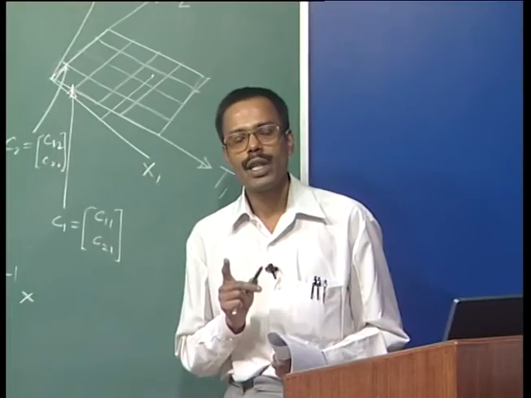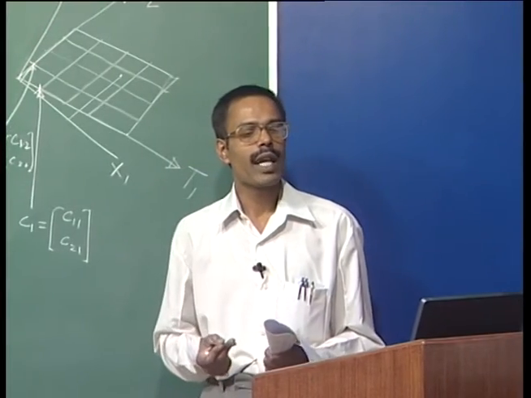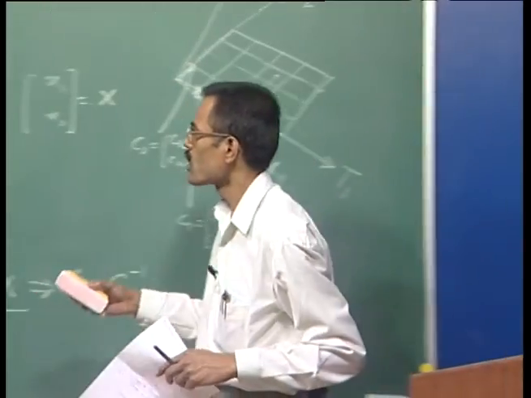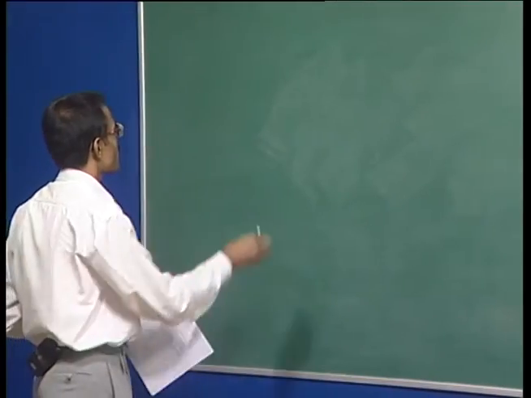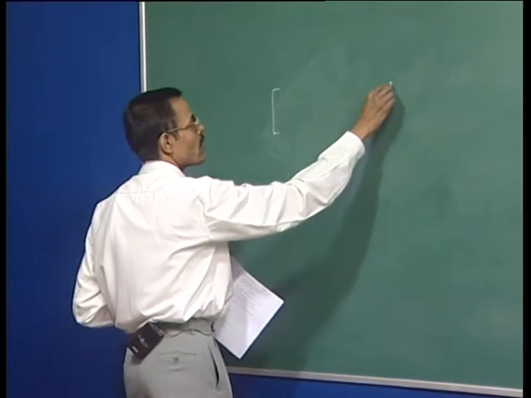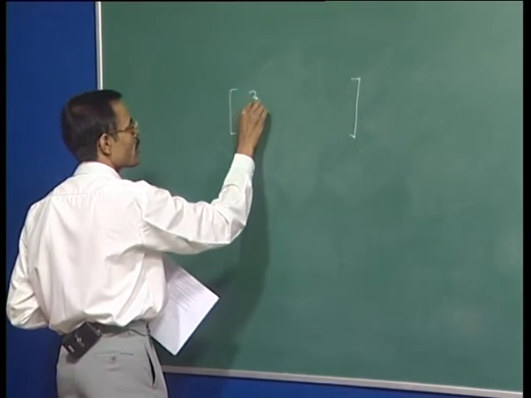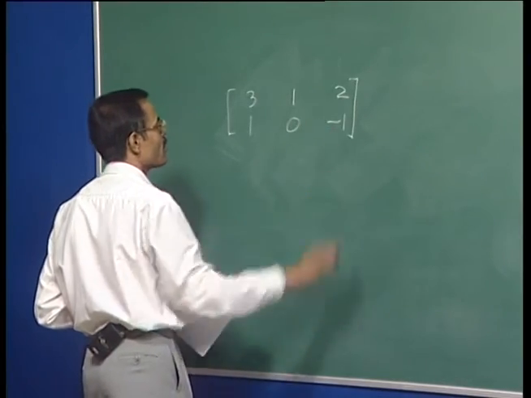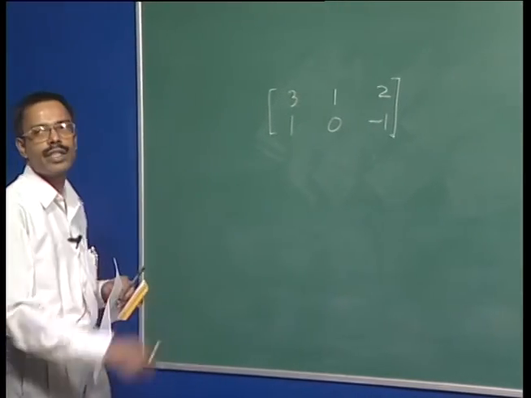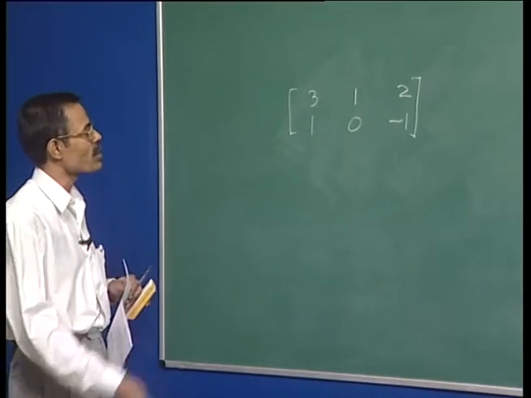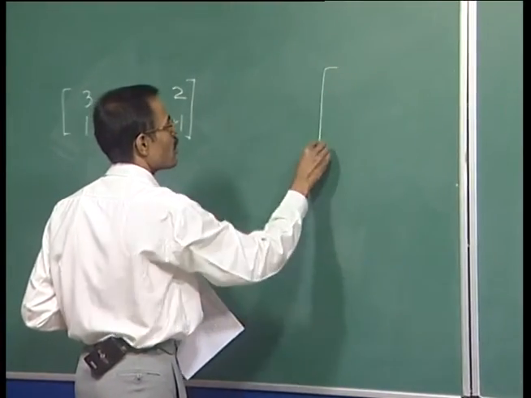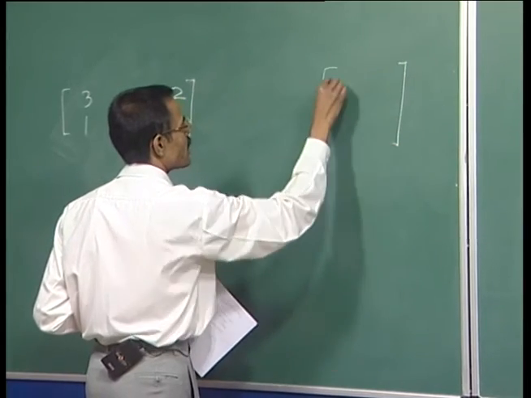There is one very interesting way of looking at an elementary transformation. Let us do that with a small example. What we do here is that we take this matrix 3 1 2 1 0 minus 1 and apply an elementary row transformation to it, and the same elementary row transformation we also apply to an identity matrix.